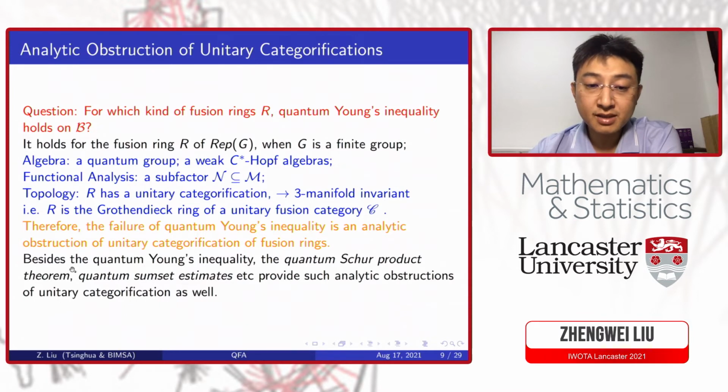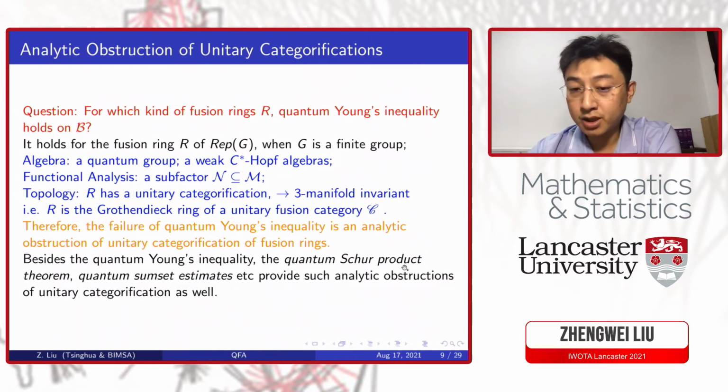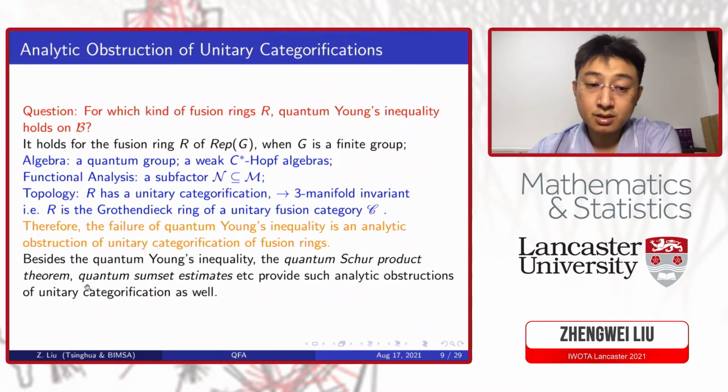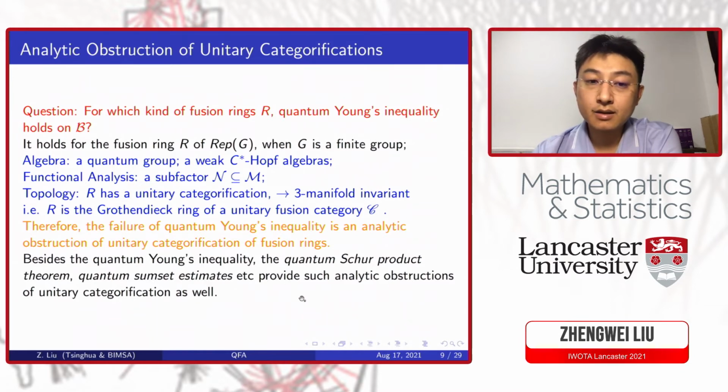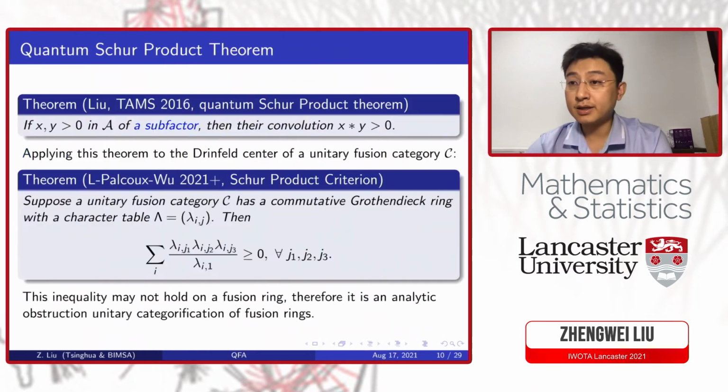And actually, besides the Young inequality, there are other versions of quantum inequalities, which we call the quantum Schur product theorem or quantum sumset estimates, and so on. And all those inequalities provide such analytic obstructions. Now let's take an example.